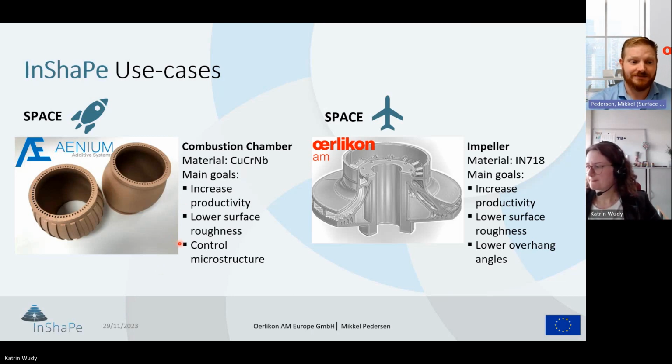So productivity, printing copper alloys with existing standard infrared laser systems is a key topic. So really increasing the print speed itself using this technology. As it has, as we can see, internal channels for fluid flow, surface roughness is a key element. So achieving a very smooth, nice surface in the printed state is a huge benefit. And last but not least, the microstructure control.